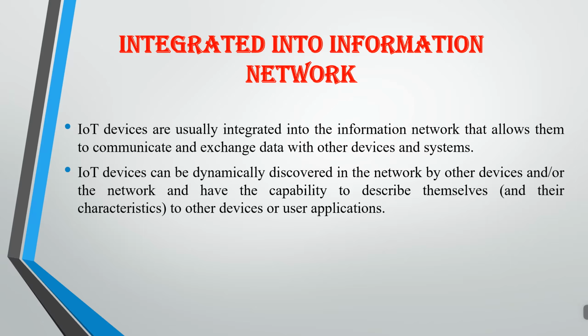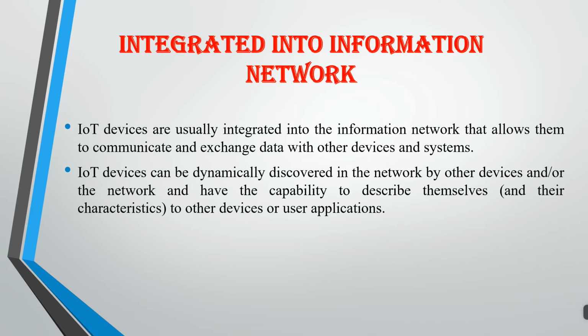So I can handle my door locking system. If I convert that door locking system into an IoT based door locking system, I need not be connected to the same network where the integrated information system is connected. I can operate it from anywhere in the world.